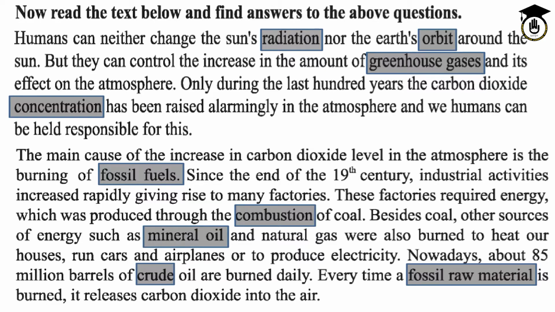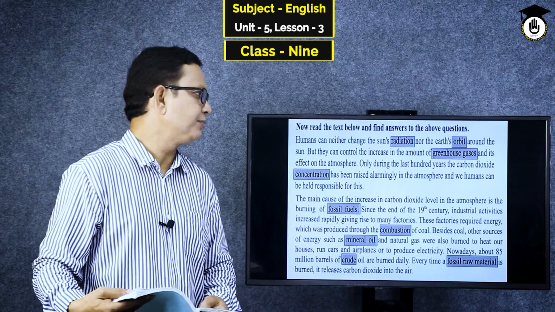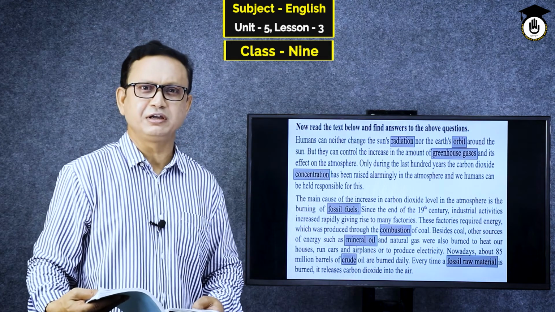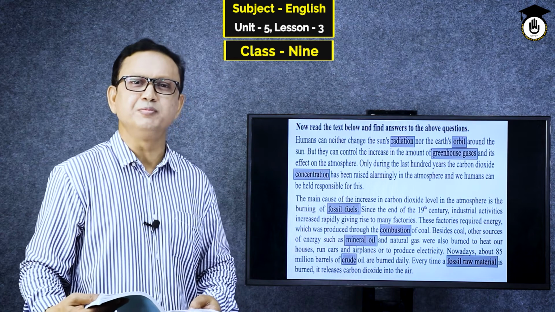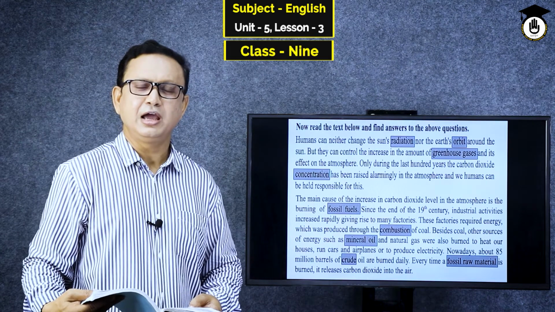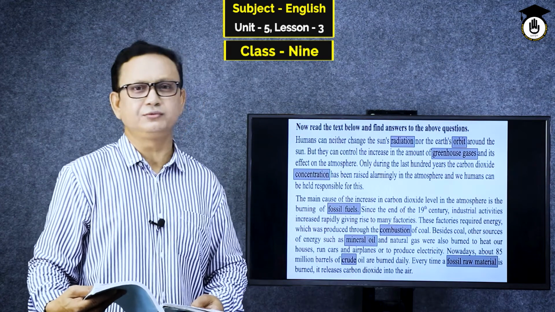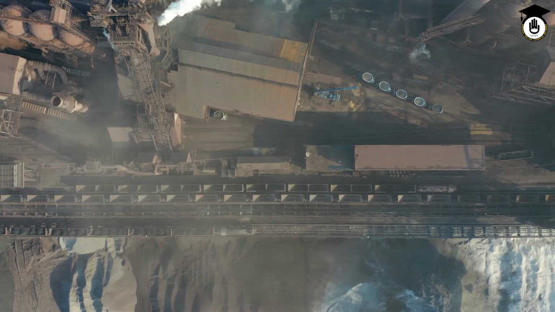Since the end of the 19th century, industrial activity is increasing rapidly, giving rise to many factories. So we know that after the industrial revolution, each and every country started setting up mills and factories. All these mills and factories are using these fossil fuels as energy in order to run their industries.